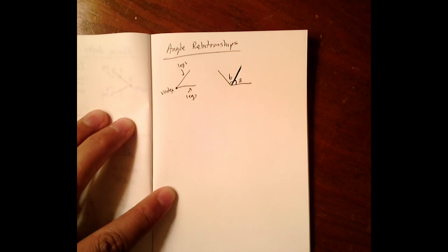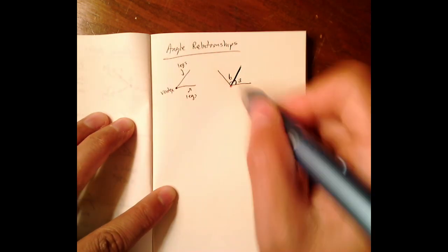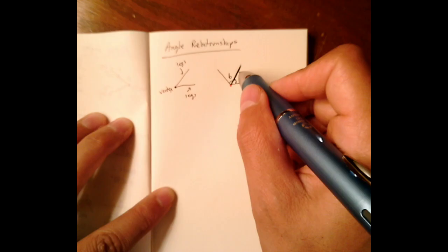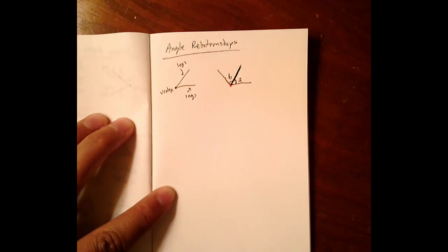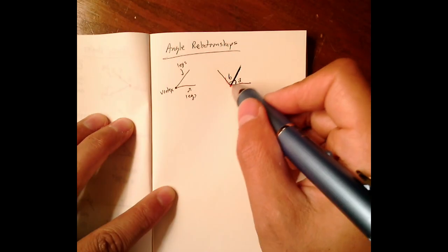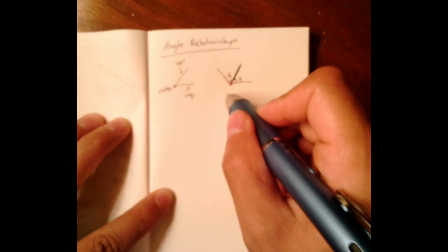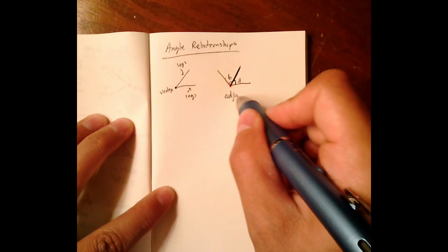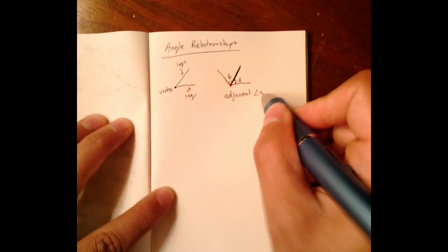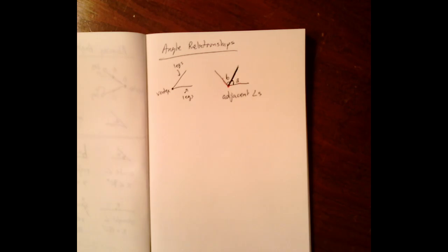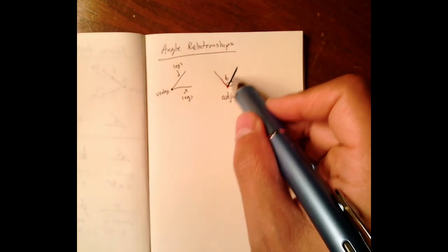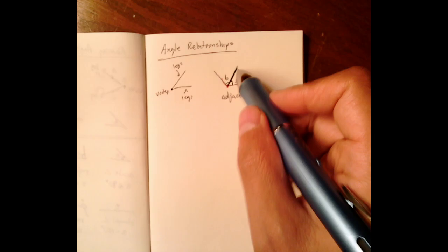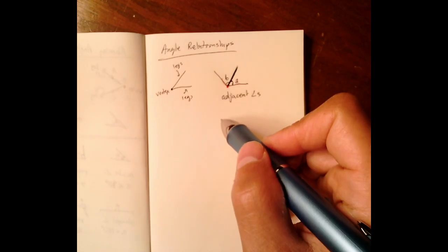They share that middle leg, and they also share this vertex, or this point. We have angle A, which is in this part, and angle B, which is in this part. When we have angles that share a leg and a vertex, we call this adjacent angles. Adjacent angles just implies that they're going to be connected at a line or a leg and a point. That's it.